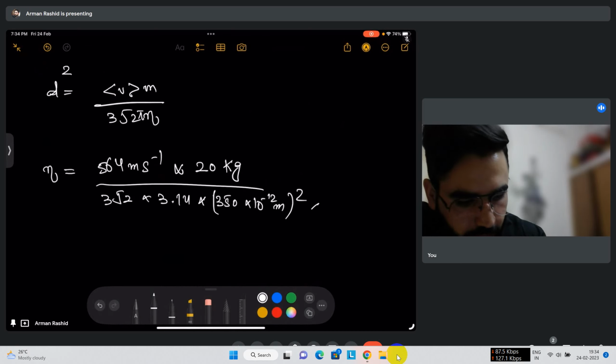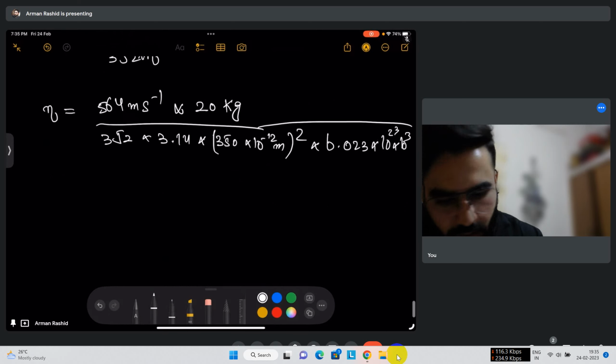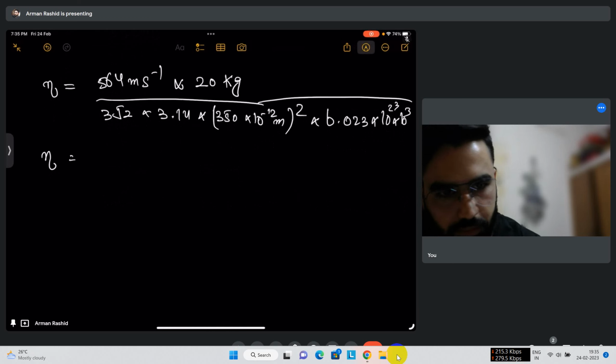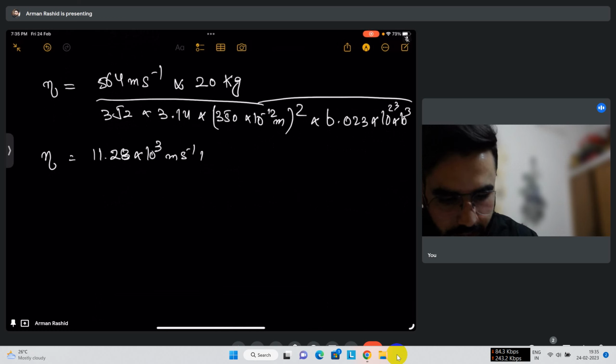multiplied by 6.023 multiplied by 10 to the power 23 multiplied by 10 to the power 3. Okay, so eta will be given by 11.2328 multiplied by 10 to the power 3 meter per second kilogram divided by 9.